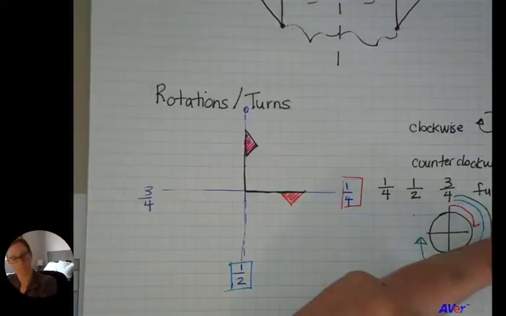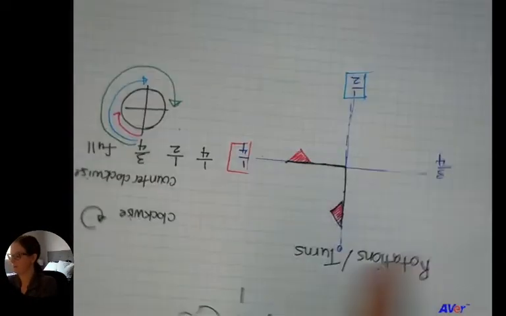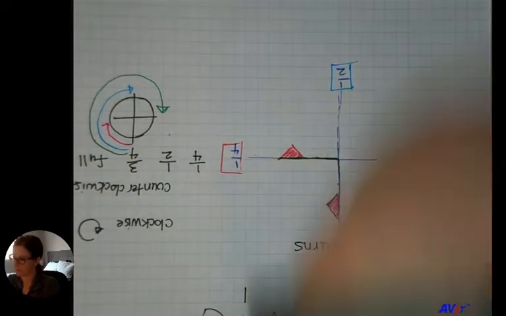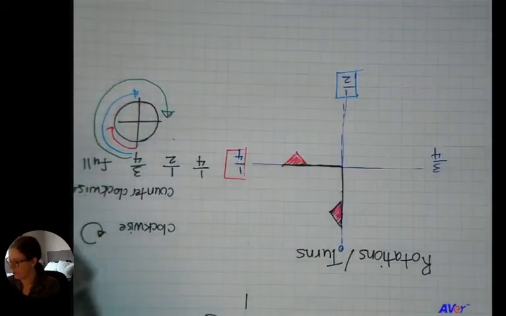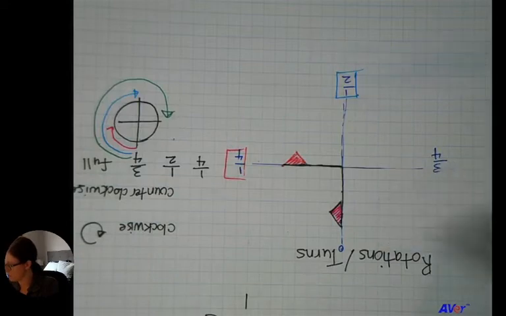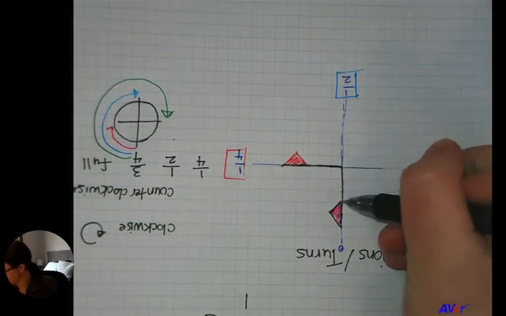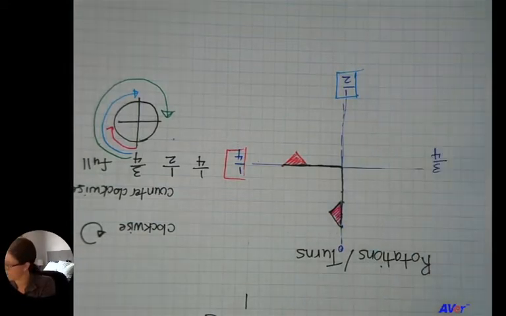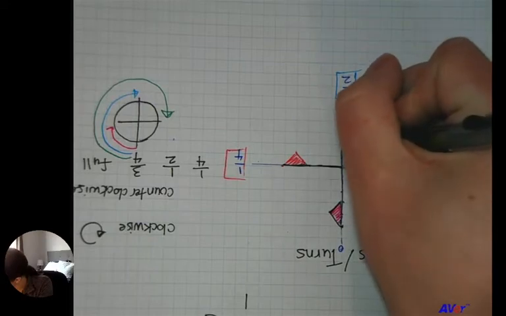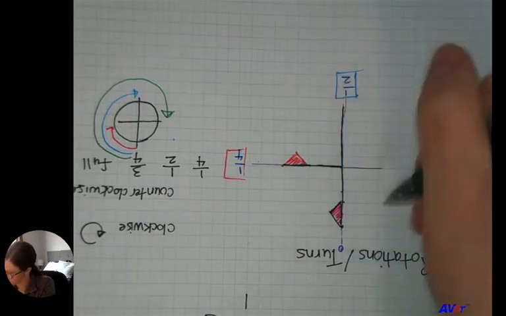Our flag's pointing to the right, and when I turn it this way, it should be pointing to the right. So again I go back and count: 1, 2, 3, 4, 5 squares tall.